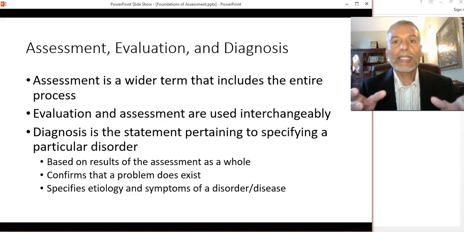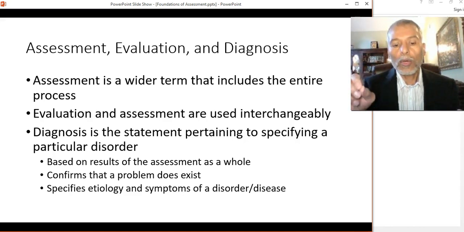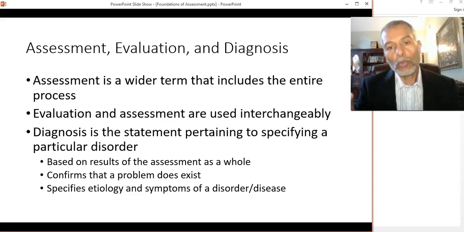It's a judgment statement based on all the data and information that has been collected, and then you make a determination as to whether a patient or a person shows symptoms and characteristics that are consistent with a particular disorder, or we call them communication disorders.